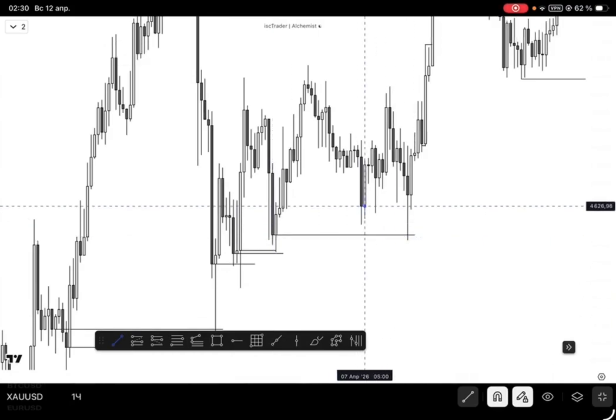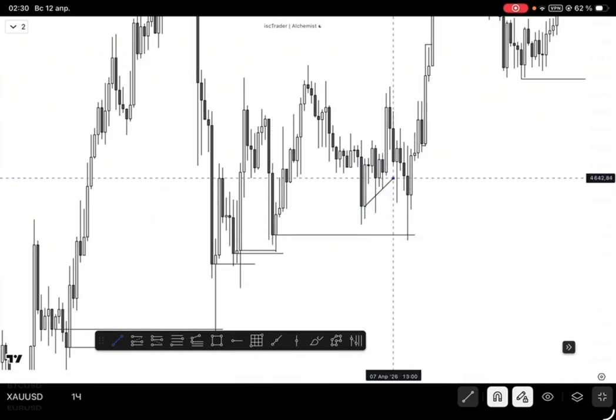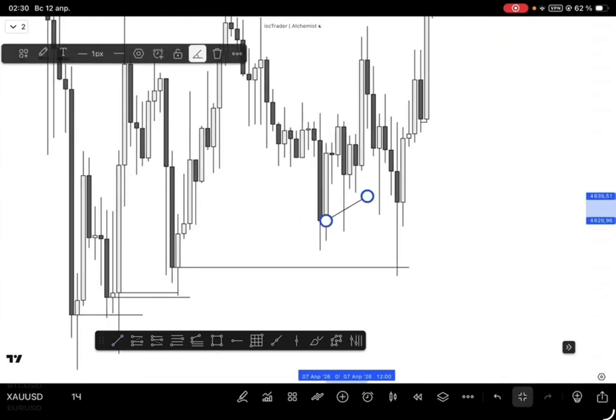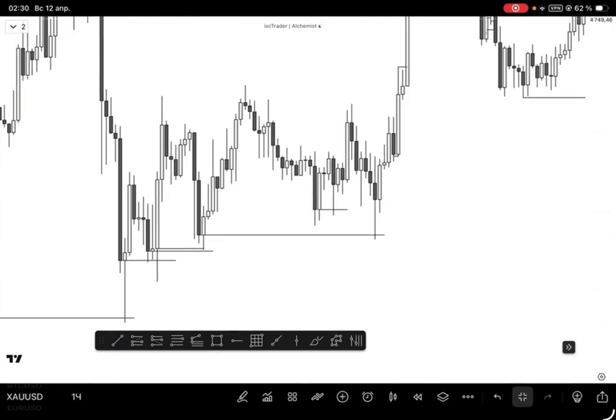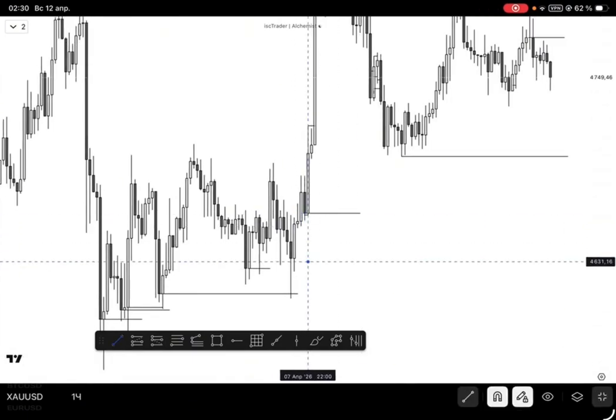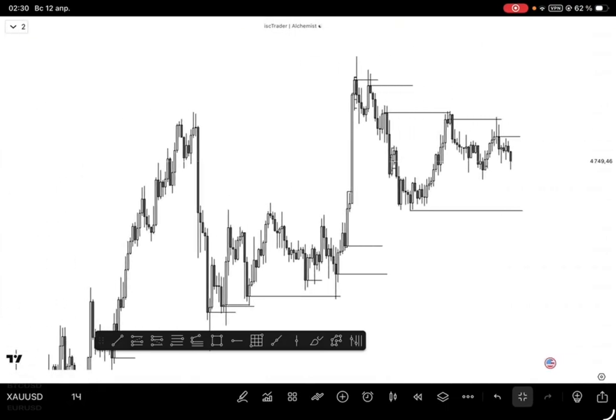There's also support in these areas. Support zone. Meaning there are very many support resistance zones in the market.